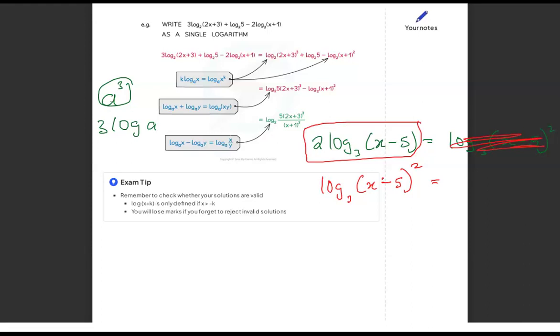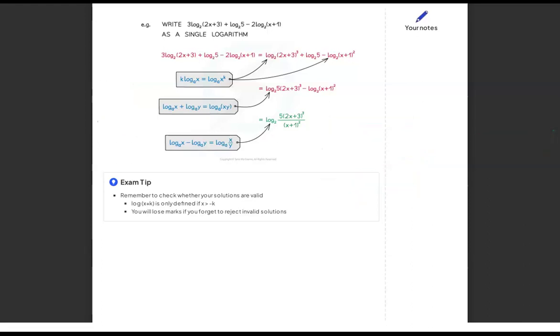So this is the major question. It's just about applying those rules regularly. The question is 2 log base 3 of x minus 5 minus log base 3 of 2x minus 13 equals 1.